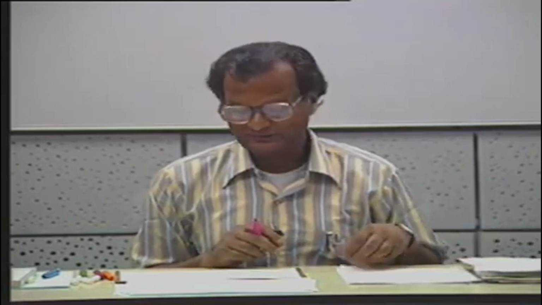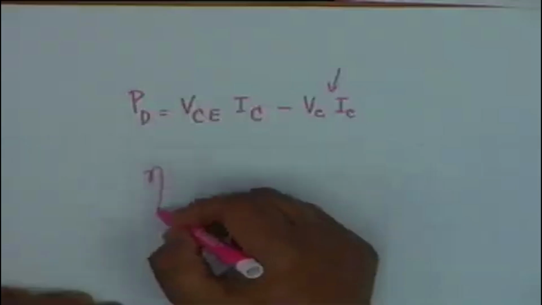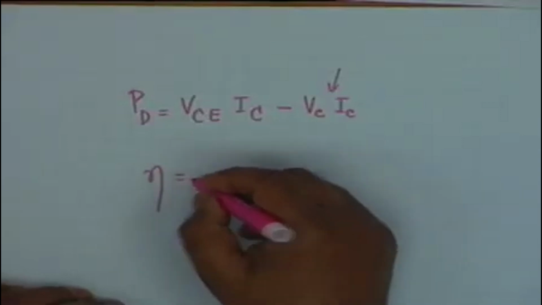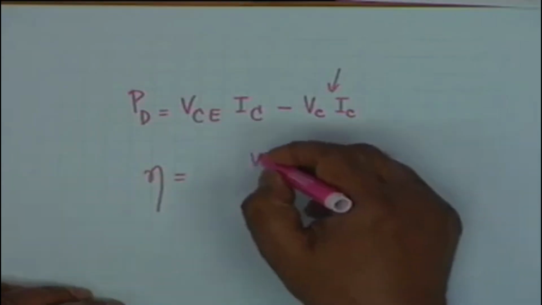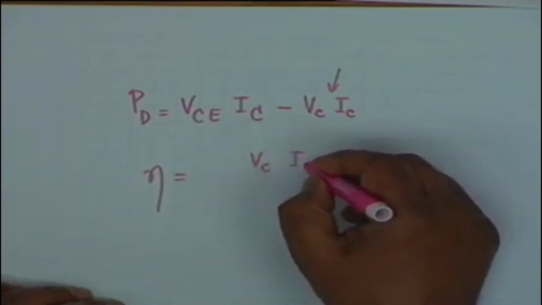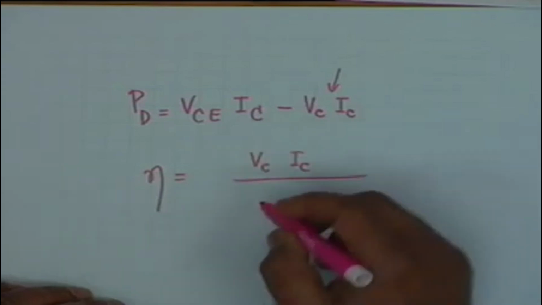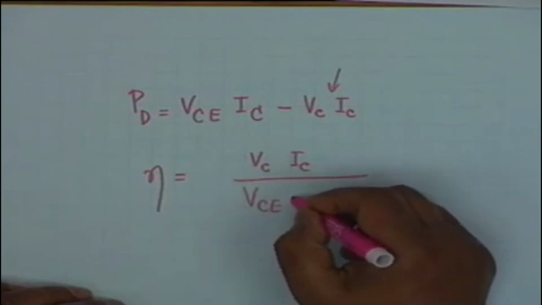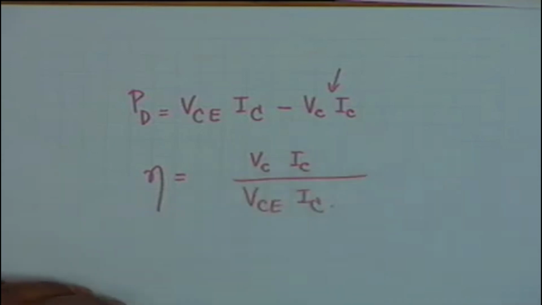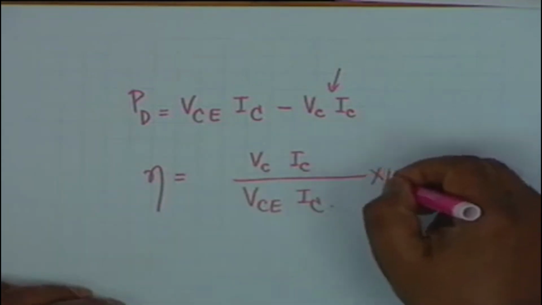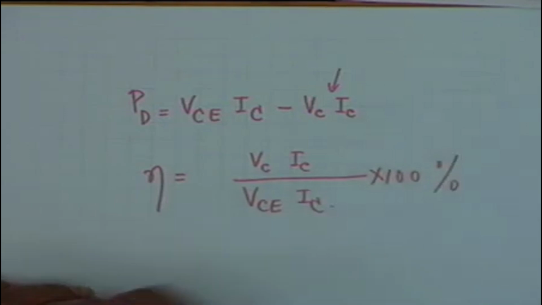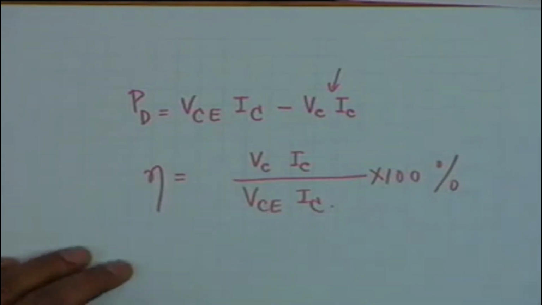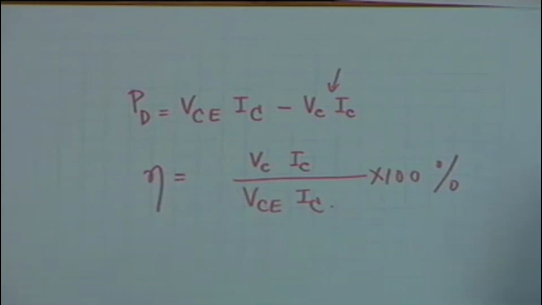Now comes the question of efficiency. Efficiency eta is simply equal to the signal power to the load, V sub c I sub c, divided by VCE I sub c. This usually is multiplied by 100 and expressed in percentage. What would now be the maximum possible efficiency?